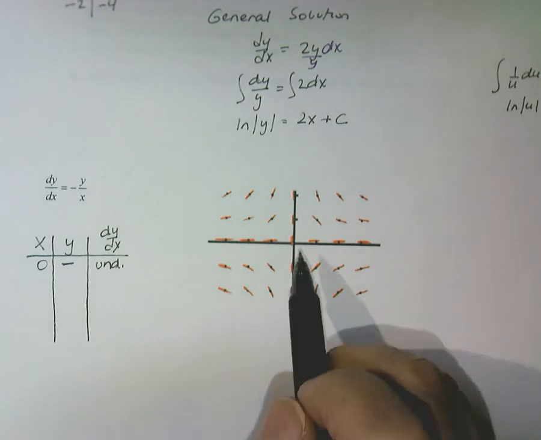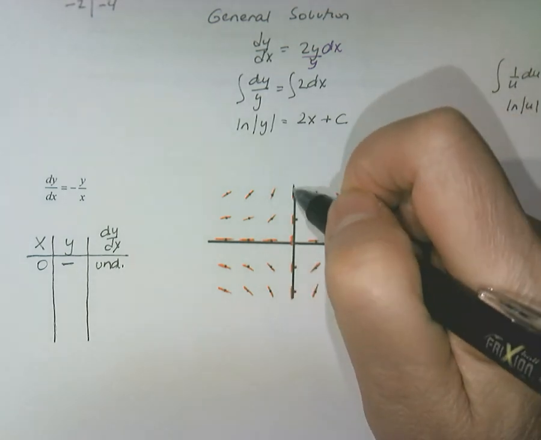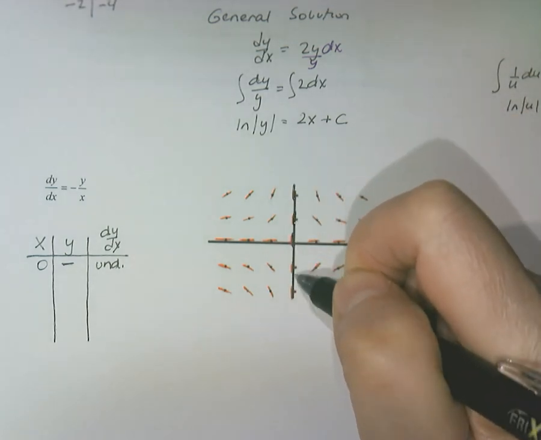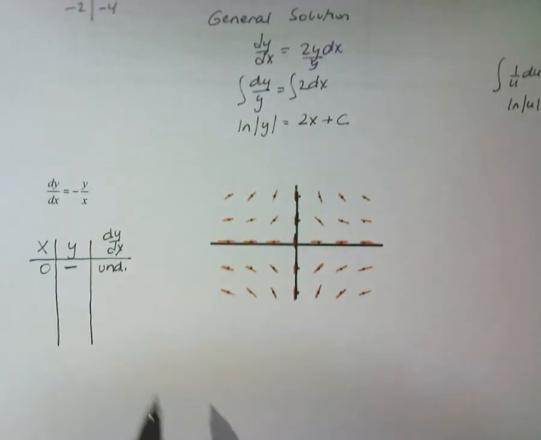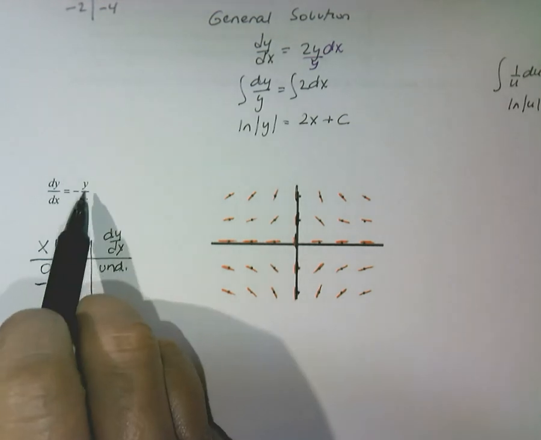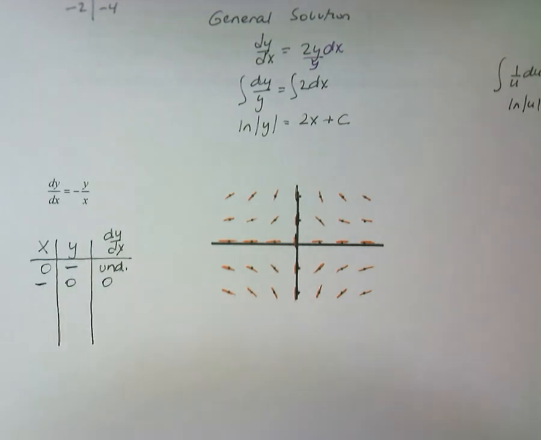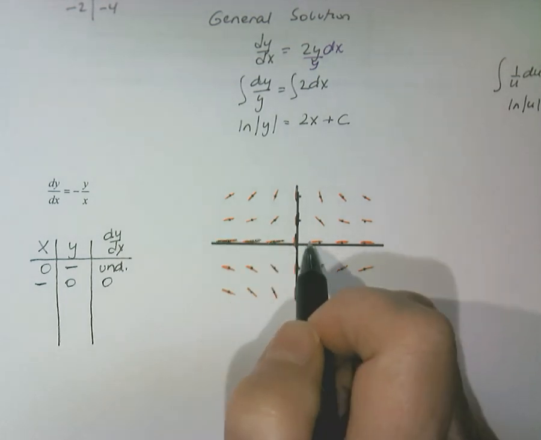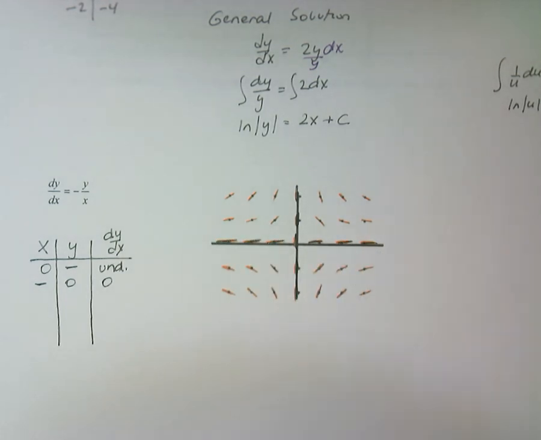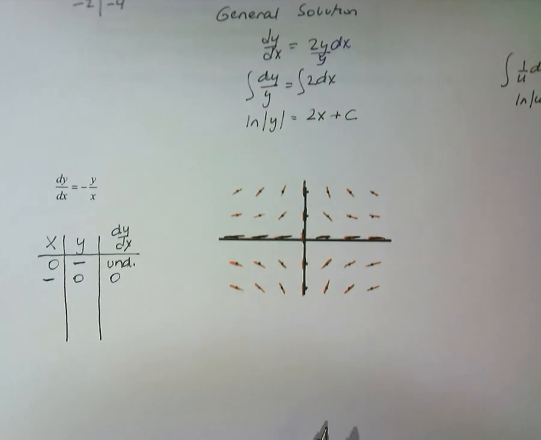Anywhere x is equal to 0, so right here, those are all vertical tangent lines. Anywhere y is equal to 0, 0 over x is always going to equal 0. So that's where they're getting these tangent lines. And now I could pick some different points.